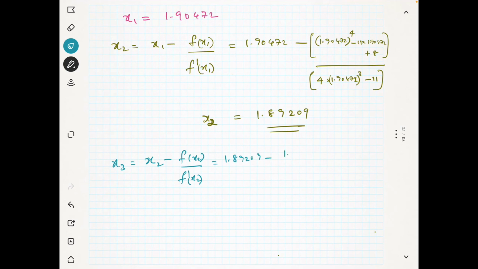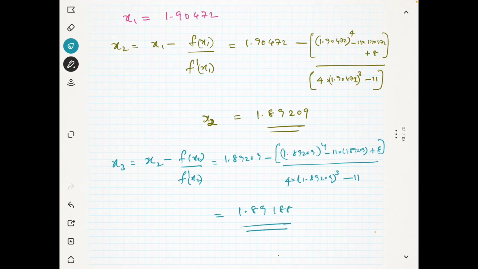You substitute 1.89209 to the power 4 minus 11 into 1.89209 plus 8, divided by f dash of x, which is 4 into x cube, that means 4 into 1.89209 the whole cube minus 11. So you will get 1.89188.